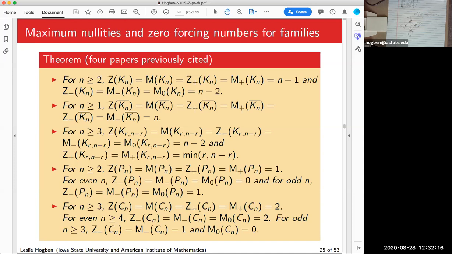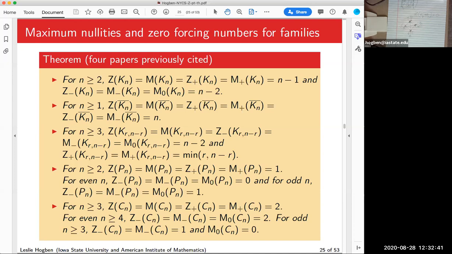If you're talking just about 0 forcing numbers, those are readily computable with some software. I'll say something about that in the end. Maximum nullities are a little trickier. The standard has way more graphs known. The hollow and skew maximum nullities are probably the least done.